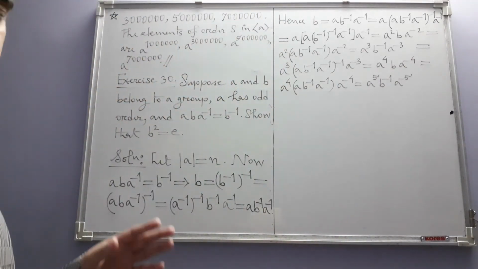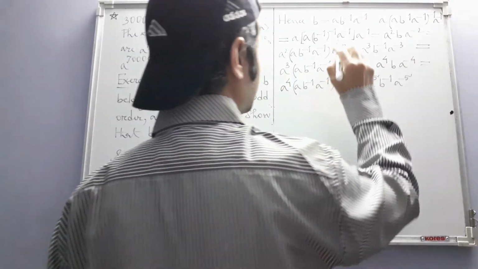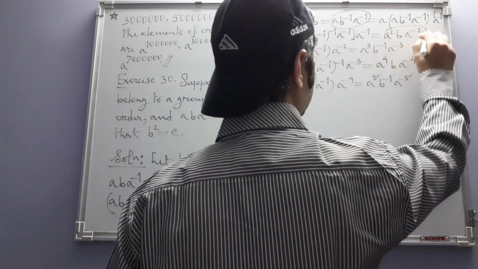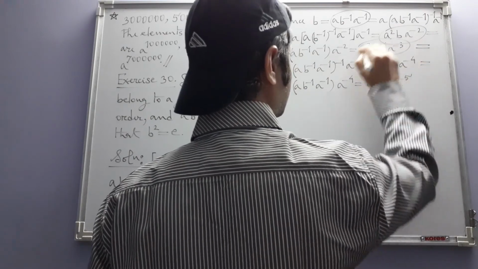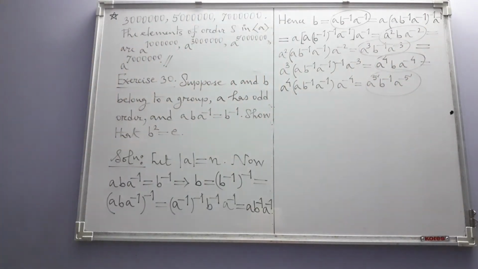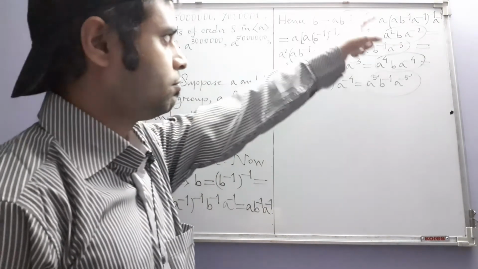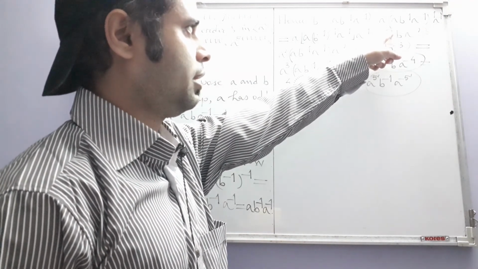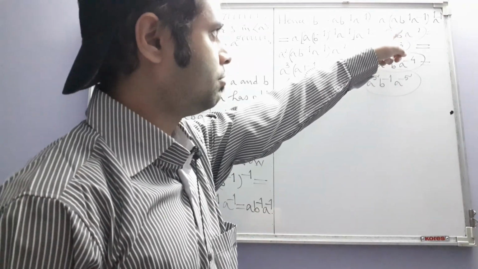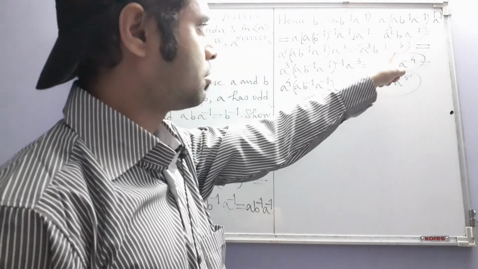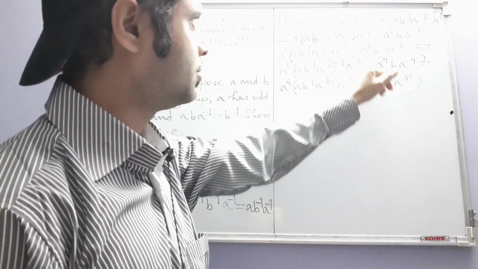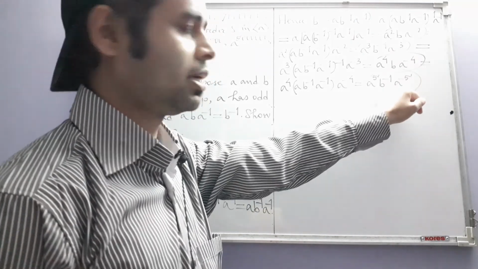Now we look at these steps. Whenever the exponent we have over a is even, we have +1 here. Whenever the exponent is odd, for example, if it's 1, 3 or 5, we have -1.